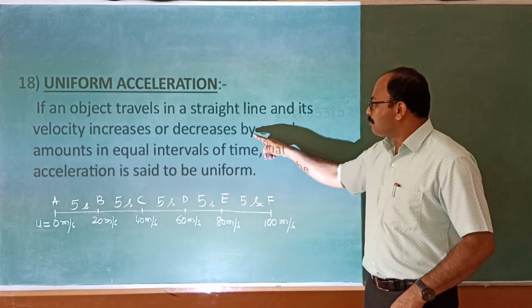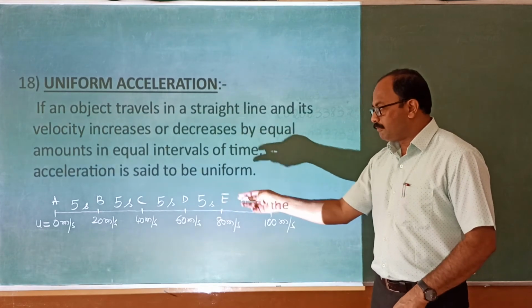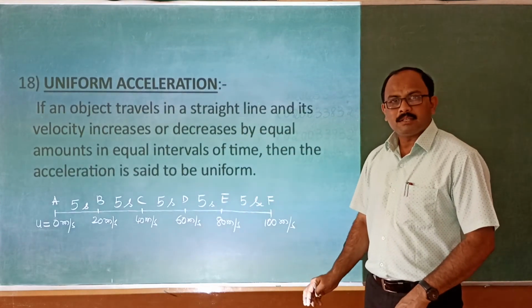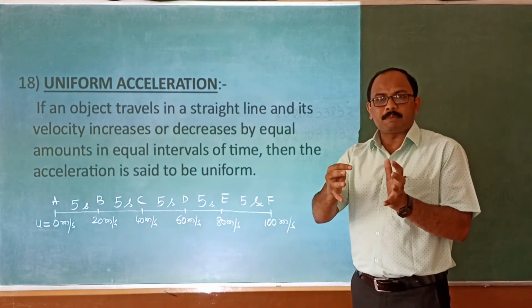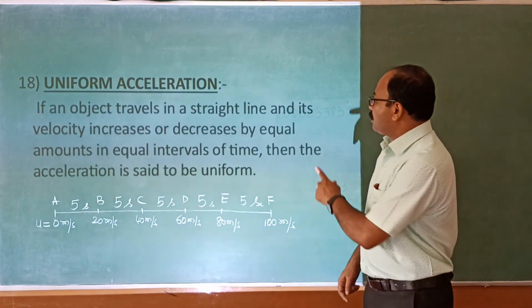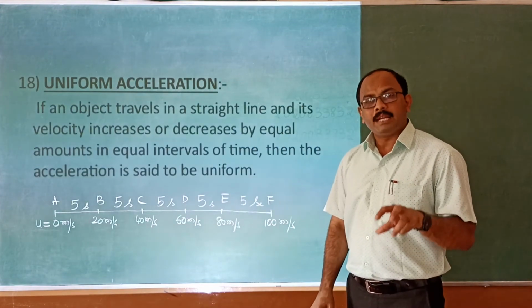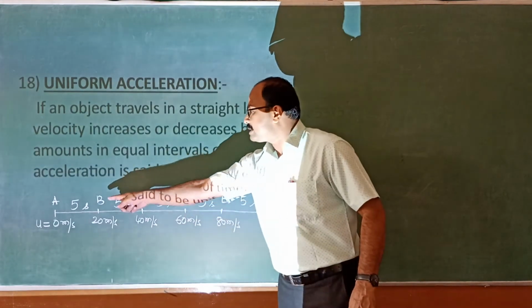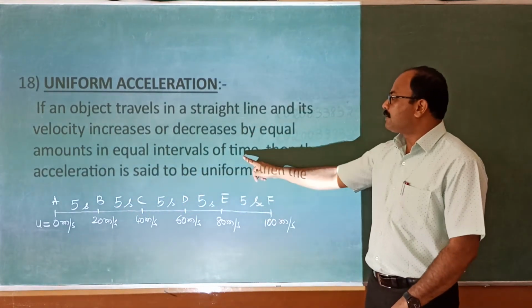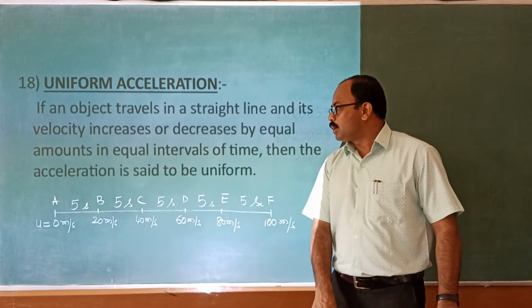Velocity increases by equal amounts, that is 0, 20, 40, 60, 80. It increases by 20 meters per second. If the velocity increases by equal amounts in equal intervals of time, equal intervals of 5 seconds, 5, 5, 5, 5, 5, then the acceleration is said to be uniform, children.